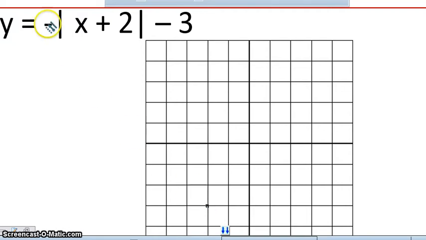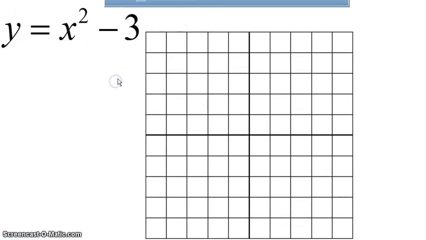Then from there, I also need to do this guy. Notice the negative. Since we have a negative, it's going to go down instead of up. So I'm going to draw my graph like this. It's an absolute value graph, it's a V, but it's going down because of the negative. So negatives out in front flip the absolute value graphs. Alright, let's go to the next one.